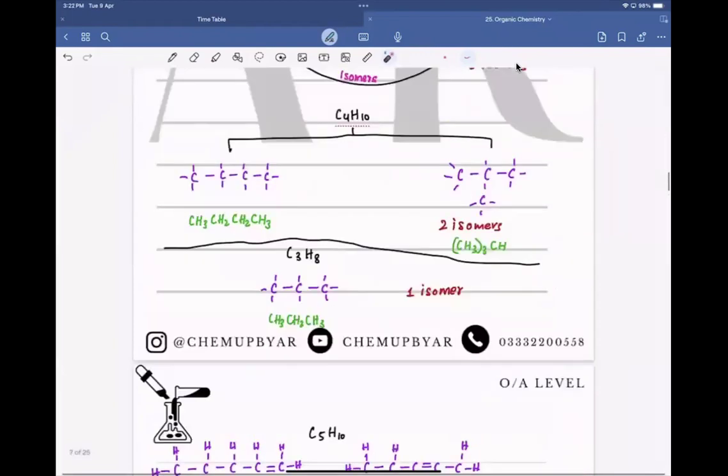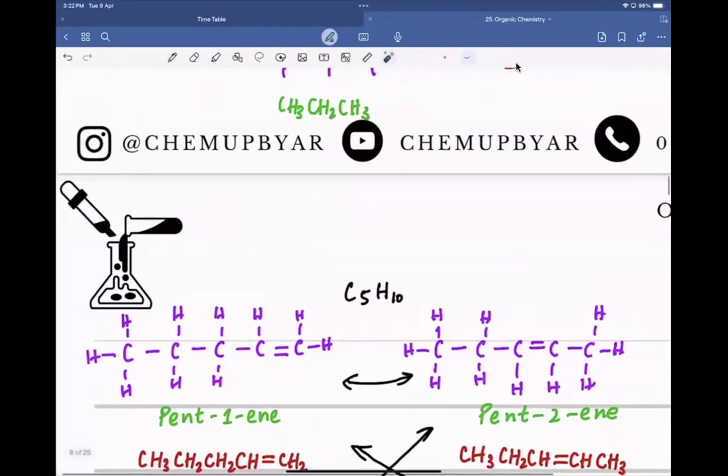So we will do two things. If you recall, when we are doing the naming with the functional group, I have told you to keep the functional group on carbon number 1 only, right? So its proper name is pent-1-ene, which means that the double bond, ene, is on carbon number 1. Is this clear to all of you? Yes sir.